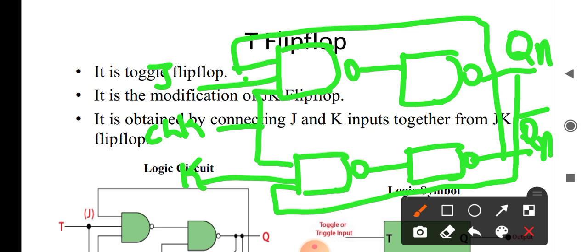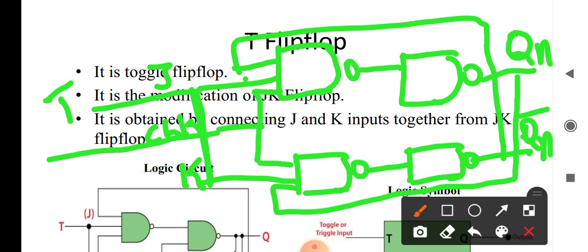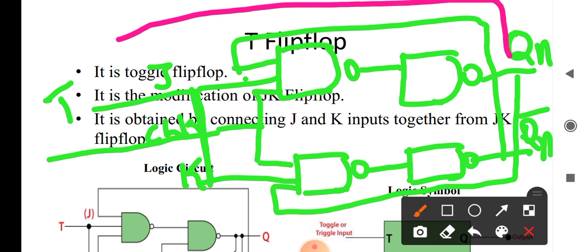Here we are also giving the clock, but we are connecting J and K together, so this input we call T. The flip-flop will look similar to the JK flip-flop, but inside we have this entire thing.